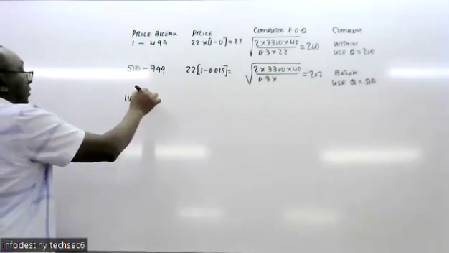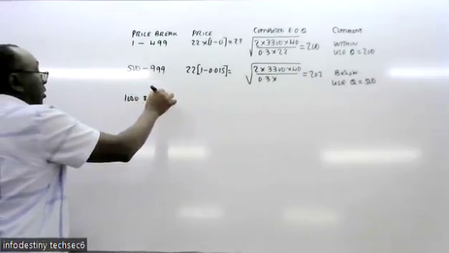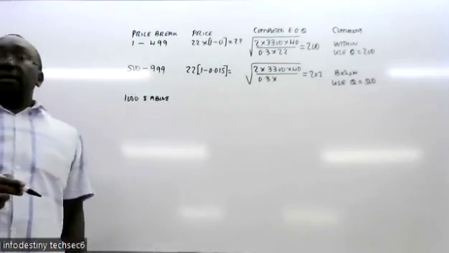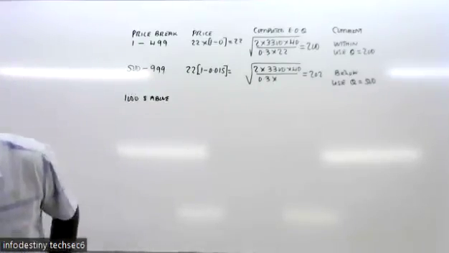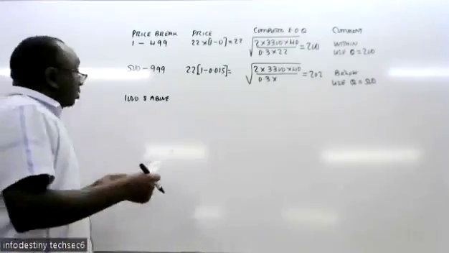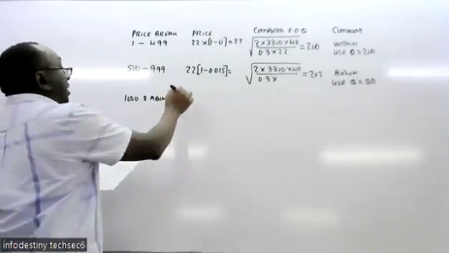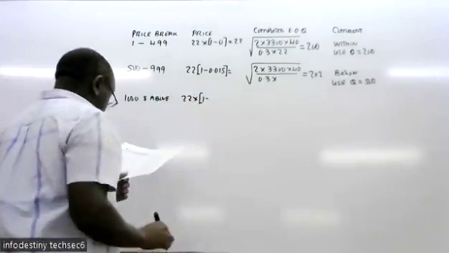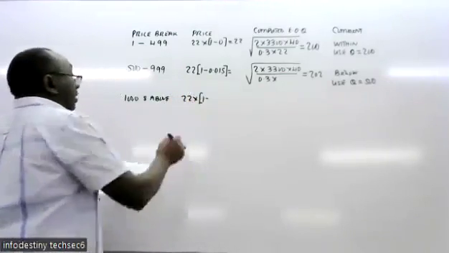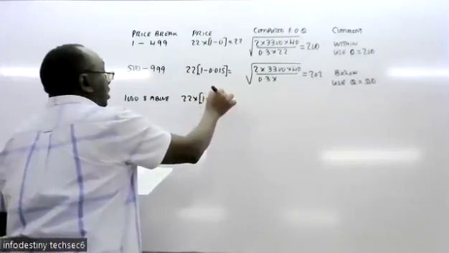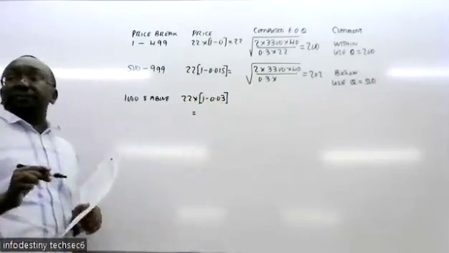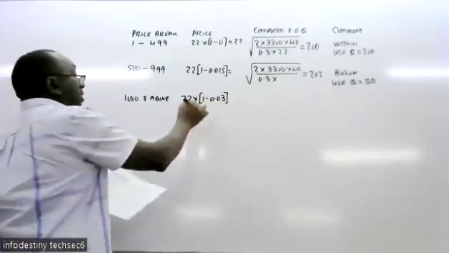Next, 1,000 and above. You have done the same thing. So for 1,000 and above, it is 22 multiplied by 1 minus the discount. The discount is 3%, so 0.03. That has given you a price of 21.34.